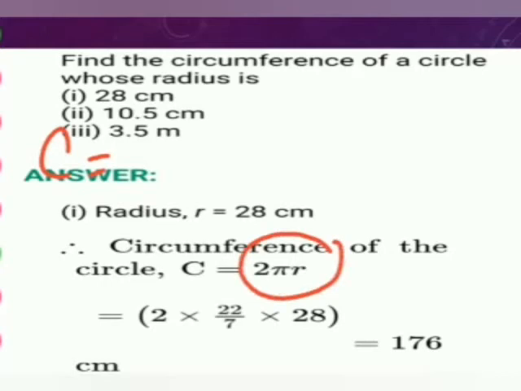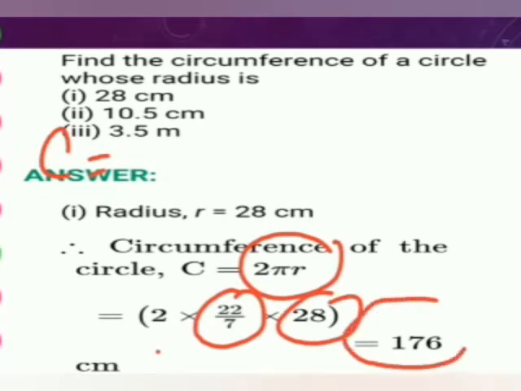The value of 2 is 2, then multiplied by the value of π, 22 upon 7, that you will put, and the radius is 28. When you solve it, you will get the circumference equal to 176. This way you will calculate the remaining ones also, 10.5 and 3.5. You will calculate the circumference of the circle using the same formula.